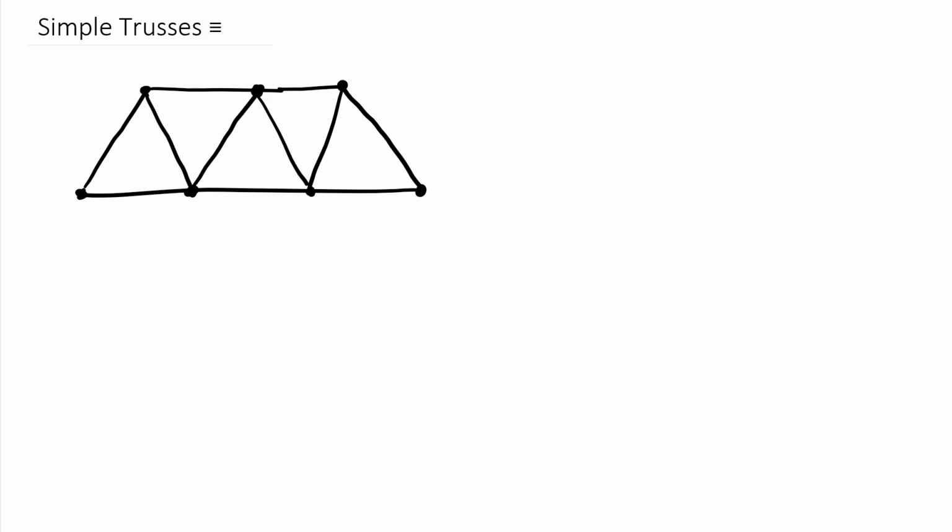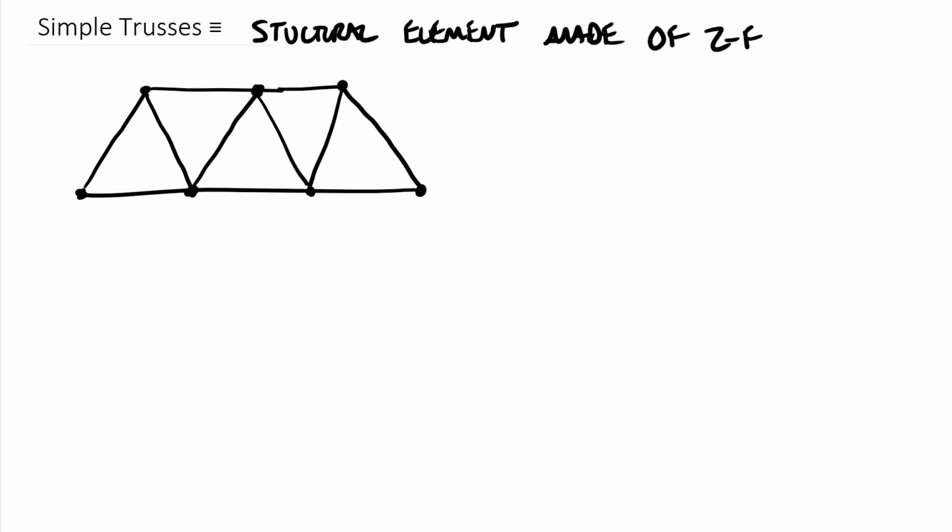So if we go ahead and define a truss in terms of some more technical statics terms, we can say that simple trusses, and we'll get into what is a simple truss versus a non-simple truss, are a structural element made of two force bodies.